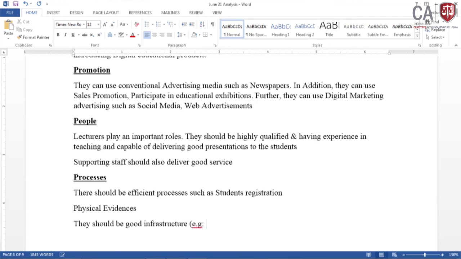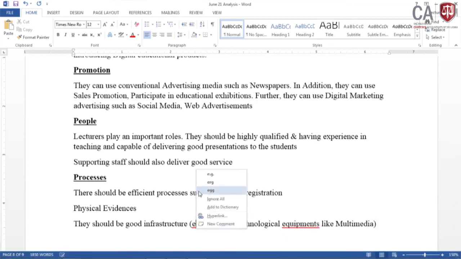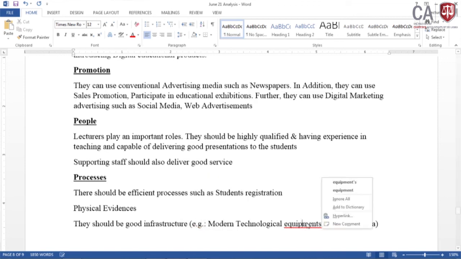Example, suitable modern technological equipment, like multimedia. You can write more. Right, here I just try to identify the key points.